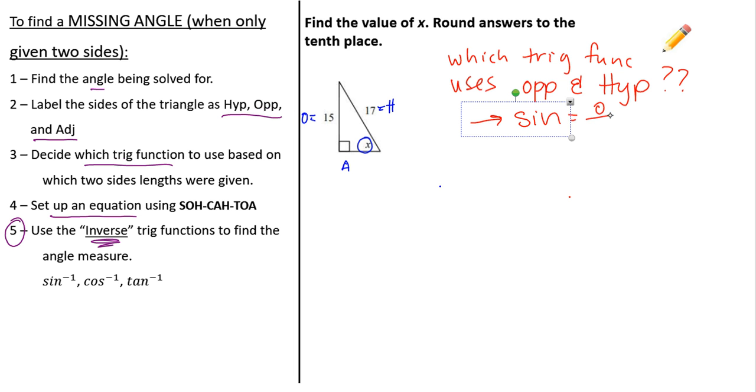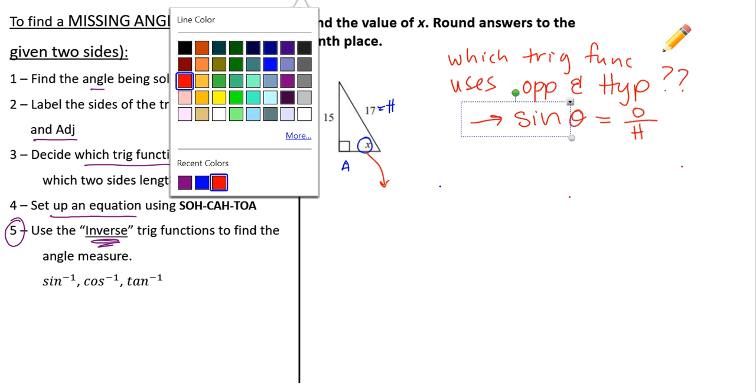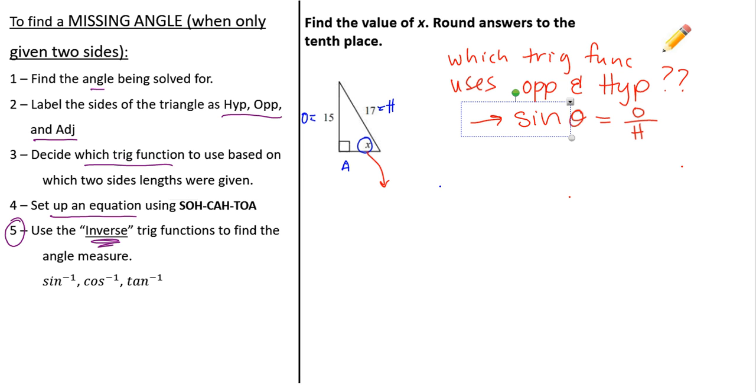So SOHCAHTOA says sine of an angle equals opposite over hypotenuse. All right, so to find x, it would look like this. The sine of x equals opposite, which is 15, over the hypotenuse, which is 17.